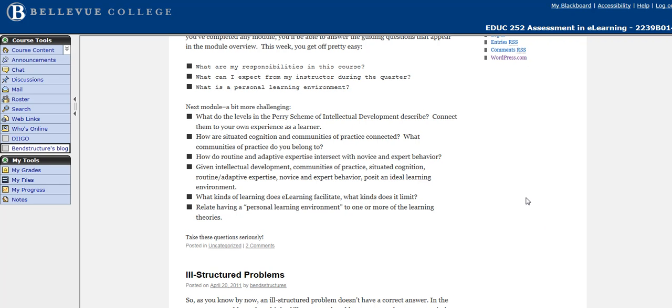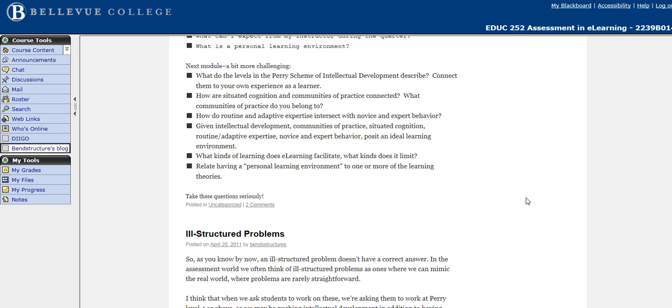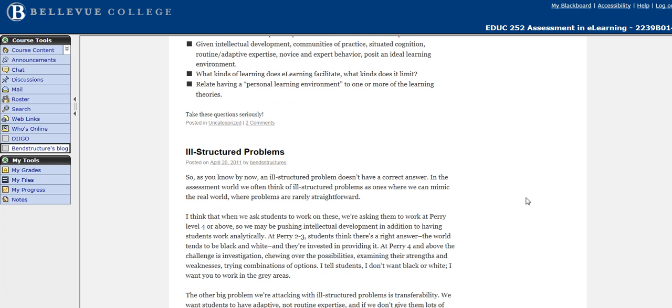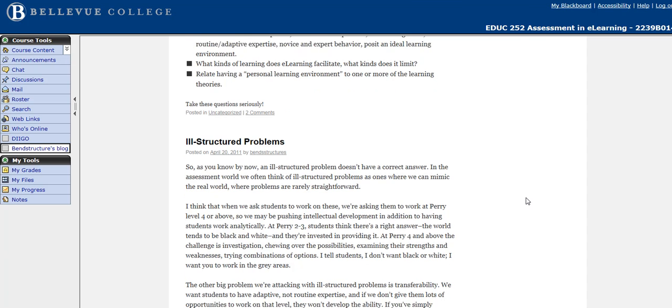And relating a personal learning environment to one or more of the learning theories is a way to do this. We can relate this, supposedly, I hope. And I hope that's one of the things that I begin to understand as I read through the material.